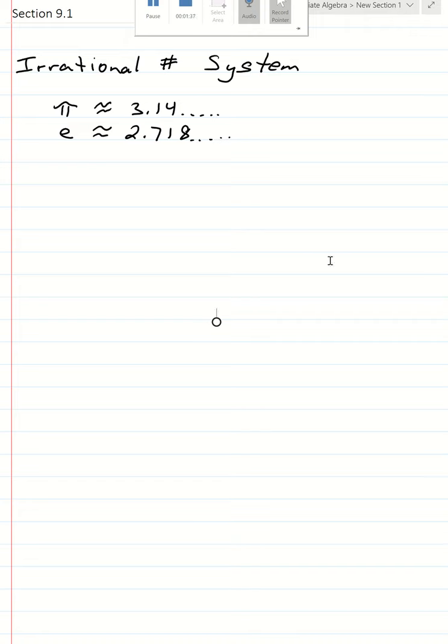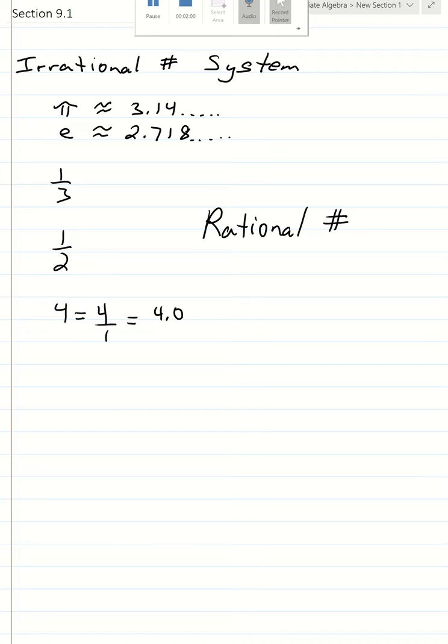Rational numbers, okay, for example, 1/3, 1/2, the number 4, these are all considered rational numbers. For example, the number 4 we can write as the fraction 4 over 1. We can also write it as the decimal 4.0. Okay. The 1/2 is considered a rational because it goes 0.5 and then it stops.